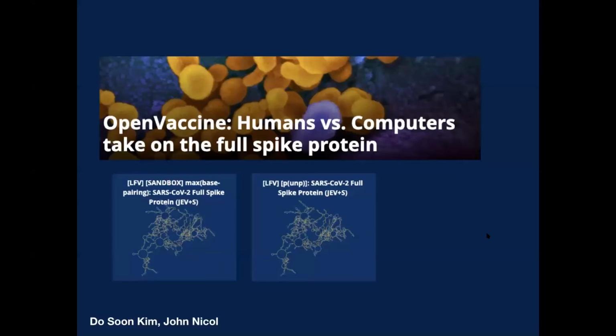So Dosun and John Nickel went back and launched another round for a vaccine molecule that Dosun had designed that includes the full spike protein. And you may have noticed, one was in this more tractable sandbox where we're just looking at the number of unpaired nucleotides. But then for those who think that their laptops aren't working hard enough already, he also launched one calculating the full AUP.